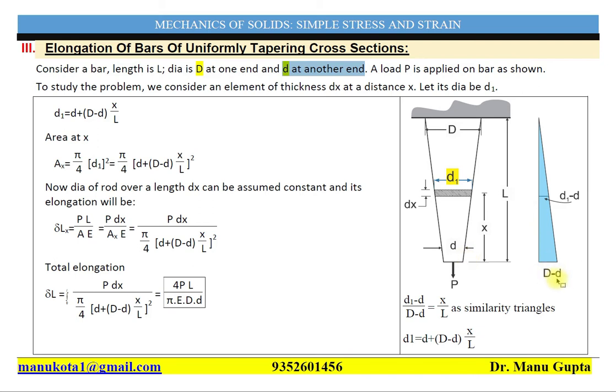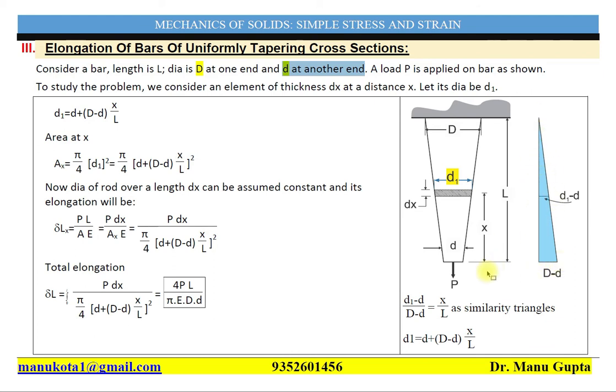Capital D minus small d. And its value will be d1 minus d. You can say d1 minus d upon 2, capital D minus d upon 2, no matter, the calculation will be the same. Now these two triangles are similar triangles, triangle one and triangle two.